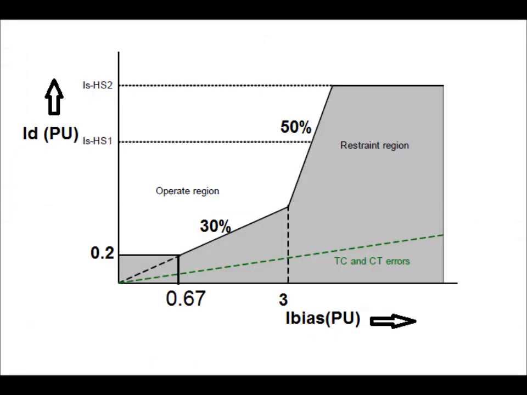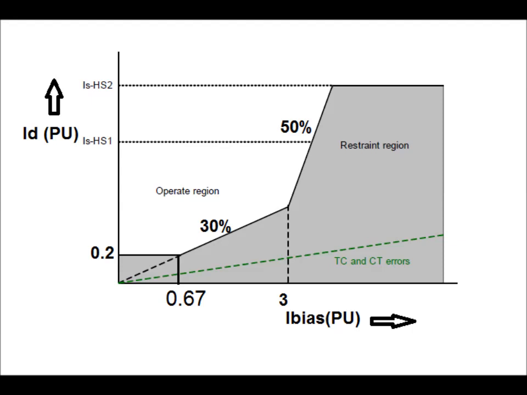Now we put the settings in the characteristics. The characteristics look like as shown in this diagram. Here point 2 is the initial setting for ID, which must be greater than 0.2 for I bias in the range of 0 to 0.67.